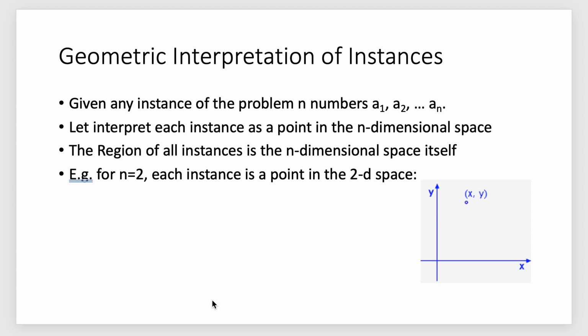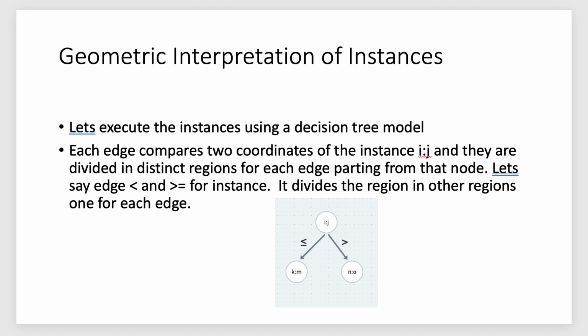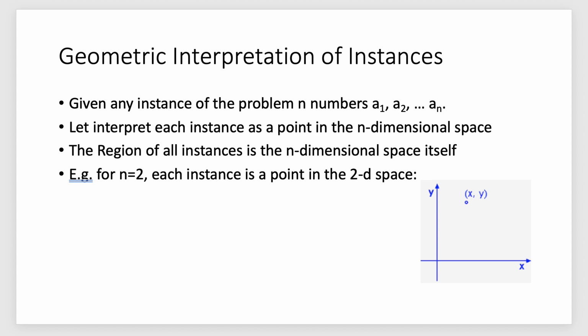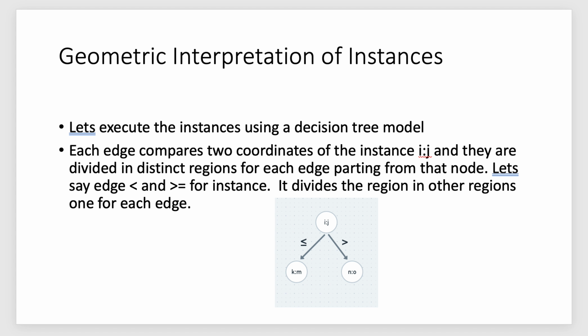This is easy to generalize for any dimensional space. So let's continue with the geometric interpretation of the instance. Let's execute the instance using the decision tree model.